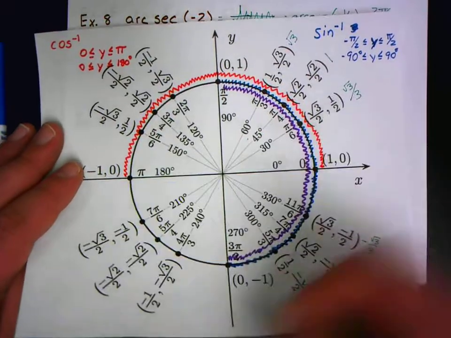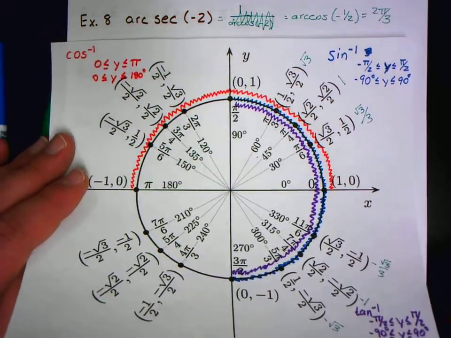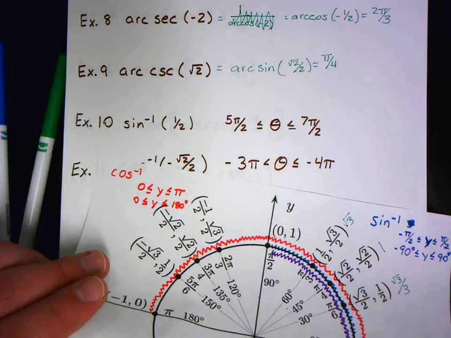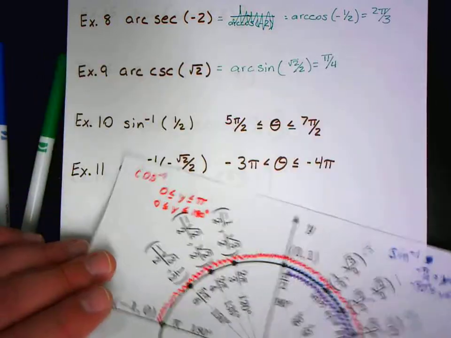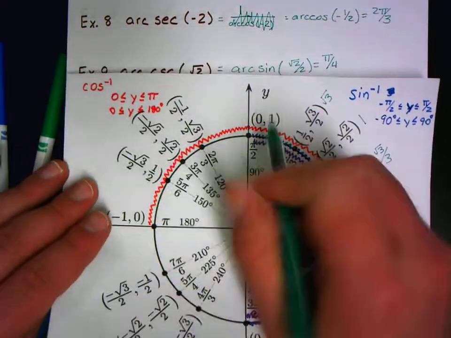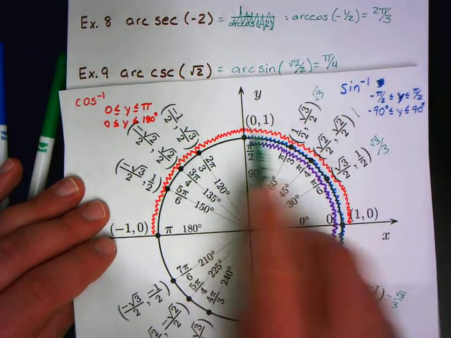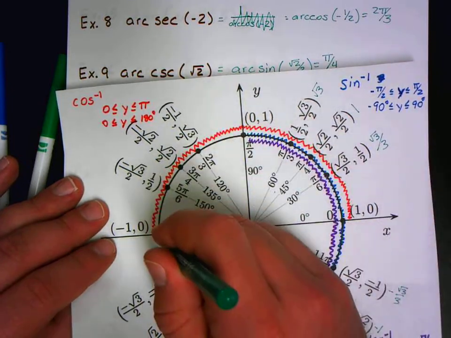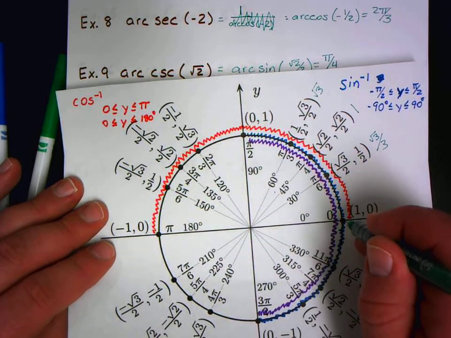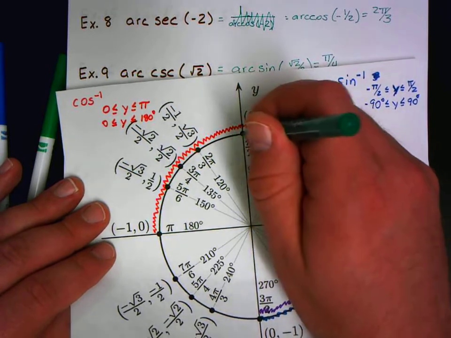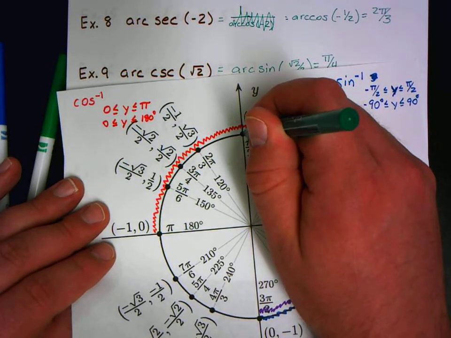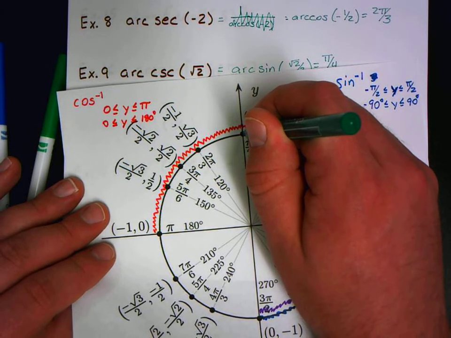We just got to go around the circle more times. So 5 pi over 2 would be where? Yeah, 5 pi over 2 would still be up here. Because 5/2 is 2.5, so this would be 2.5. 7 pi over 2 would be where?